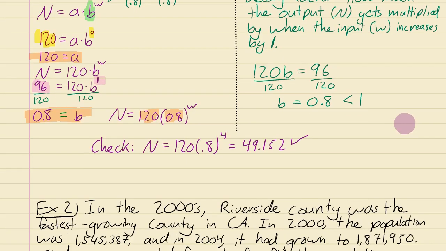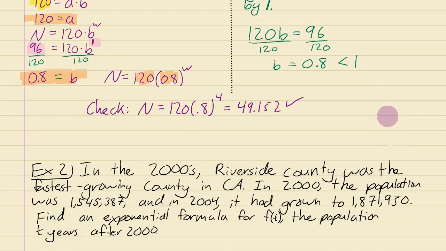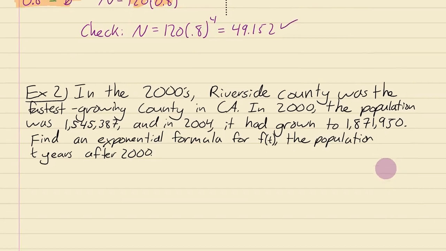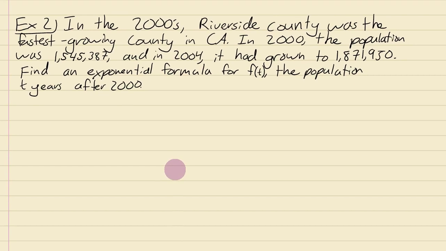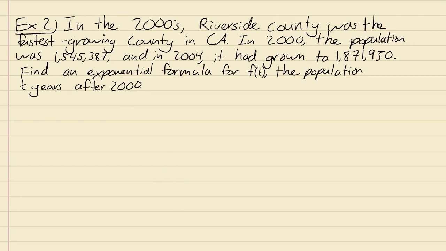Okay, now let's look at a similar sort of situation where we're going to be doing the same thing. We're going to be finding a growth factor in this case, and finding a formula for f of t. So in the 2000s, Riverside County was the fastest growing county in California.